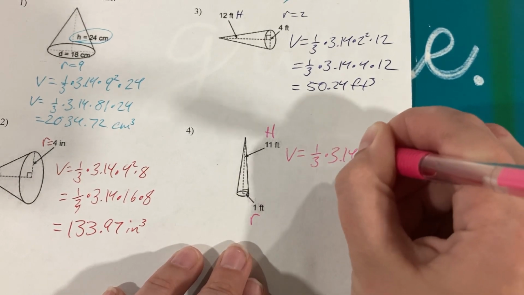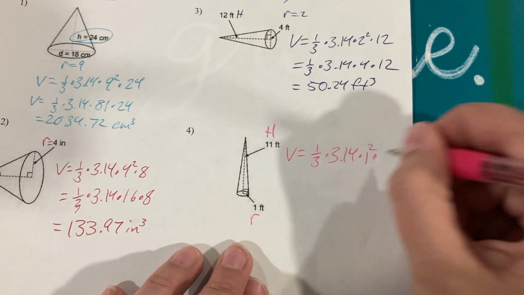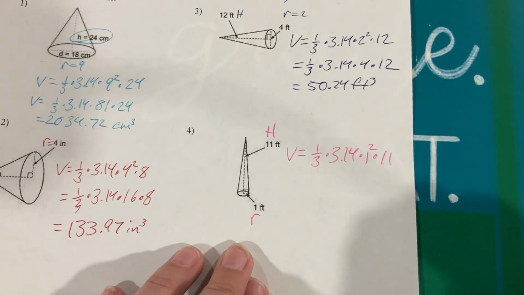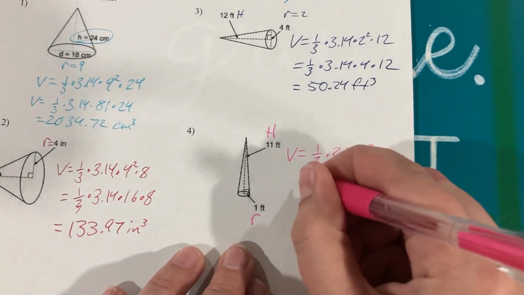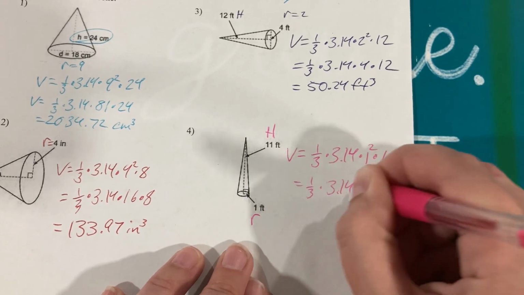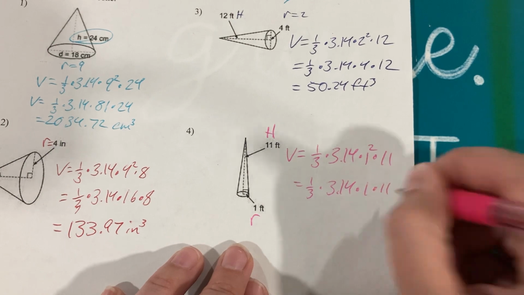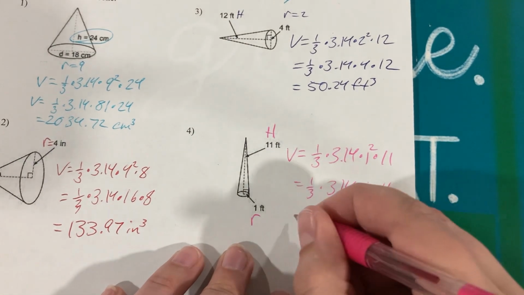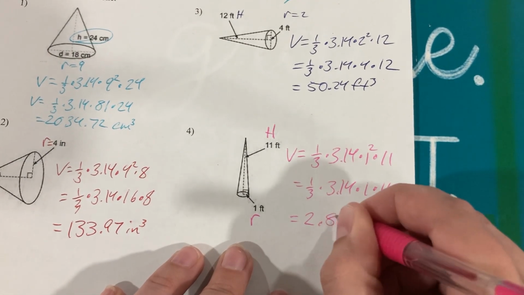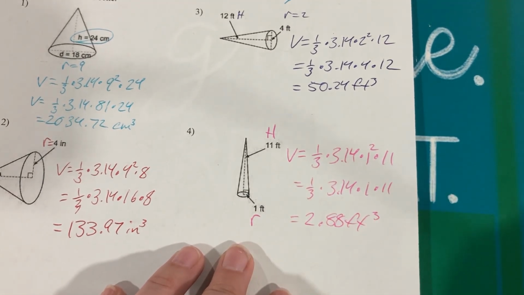Again, things we already know, but what's different is radius, 1 squared, times 11. If you didn't catch that, 1 squared is just 1. All right, 1/3 times 3.14 times 1 times 11. You plug all that in and you should get 2.88 feet cubed. There we go.